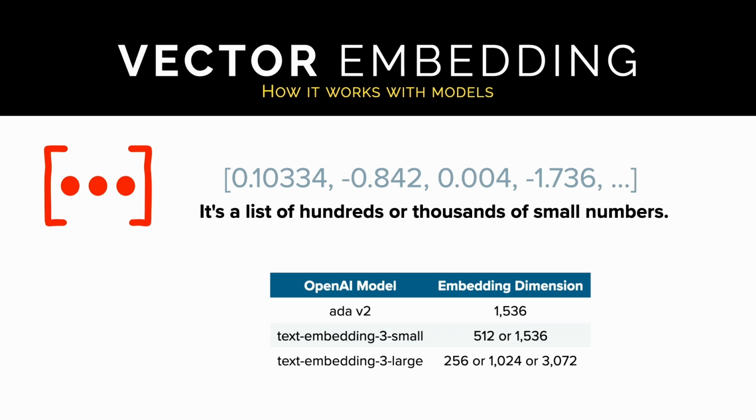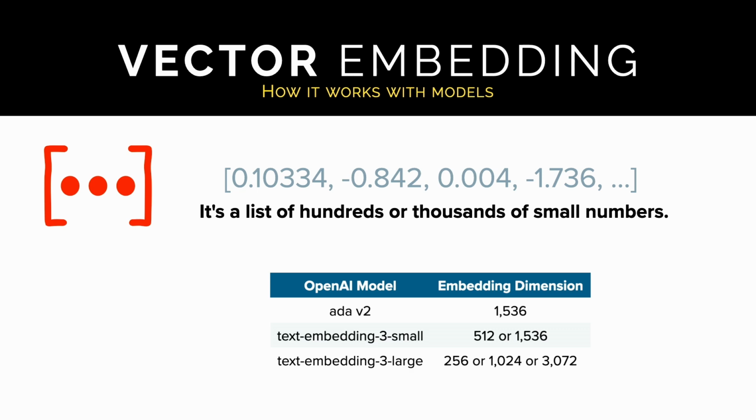A vector embedding is a long list of very small numbers. It could be hundreds or thousands in length. And this vector embedding is just a mathematical understanding of the content, the semantic meaning of whatever it saw. Everything that it understands kind of boiled down into this list of numbers from an image or a text or whatever.